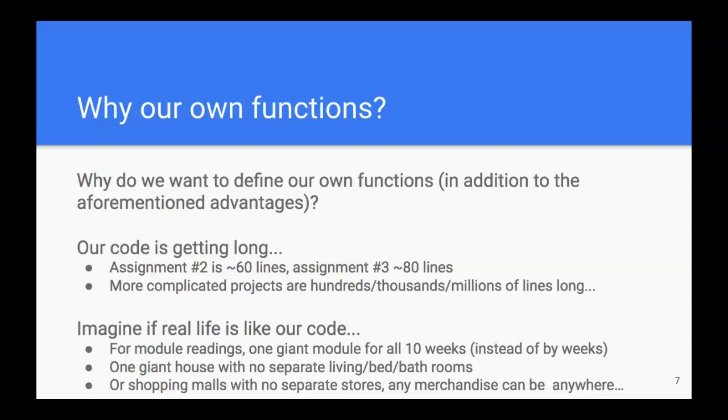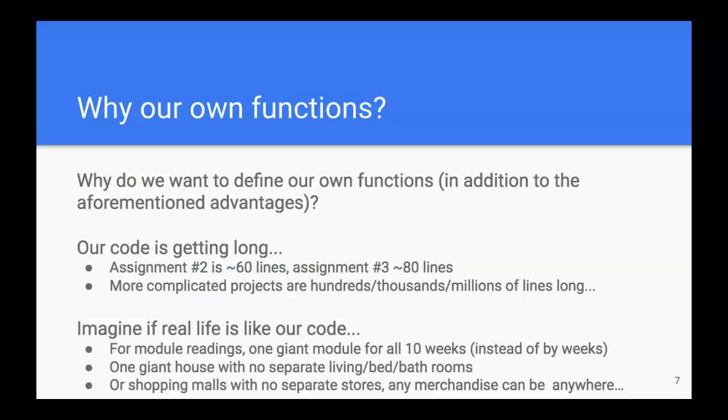For assignment number 3, which is due soon, it's 80 lines. So the complexity is increasing, right? And the real world projects out there are thousands and even millions of lines. Imagine all of those lines in one file, just going down in for loops and while loops and stuff. It gets really hard to manage.